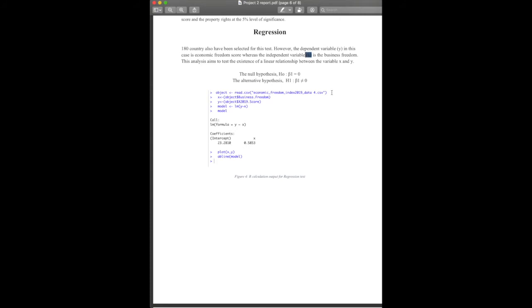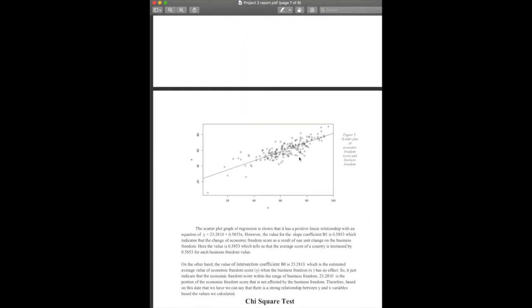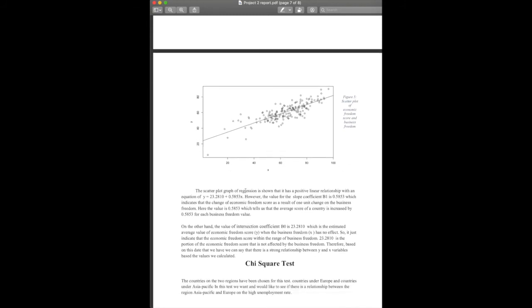After finishing the test, I concluded that there is a positive linear relationship, which is clear from the scatter plot graph, and we got an equation of y equals 23.281 plus 0.5853x. We conclude that when business freedom increases, the economic freedom also increases.